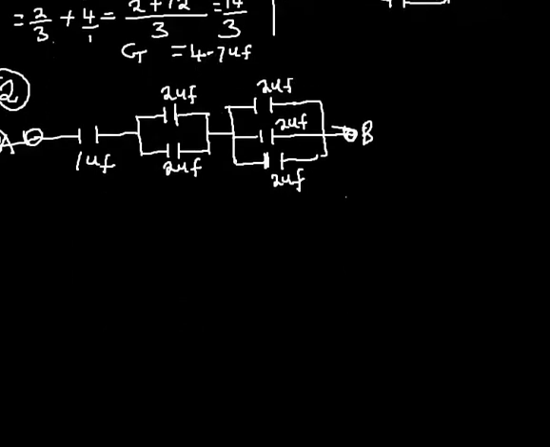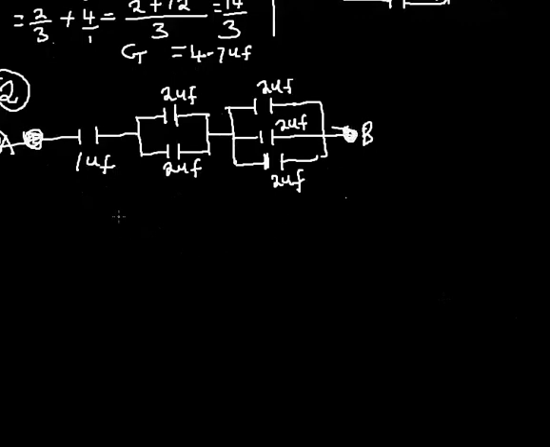Now let's analyze this second network. Between point A and point B, you discover there are parallel-connected capacitors in the same line. Let me call this parallel 1, this parallel 2, and this a single capacitor.